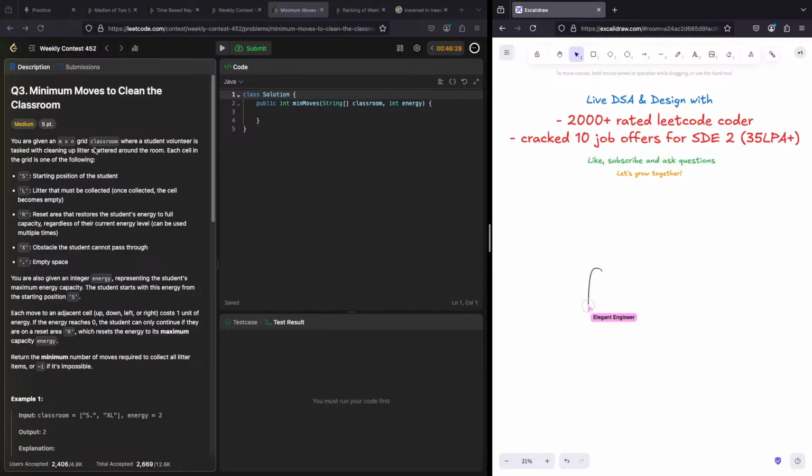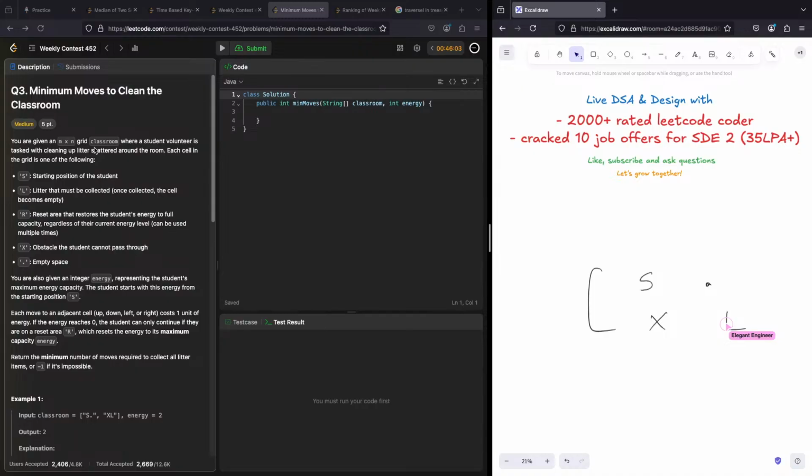So you have S, that's like cross M. So S is the starting point. Dot is an empty space, so it is like this, and X, L. X is the obstacle, okay, and R is the reset area that restores the student's energy to full capacity regardless.